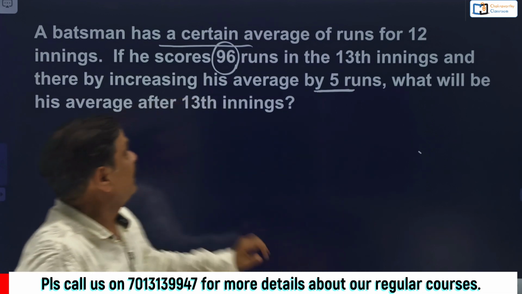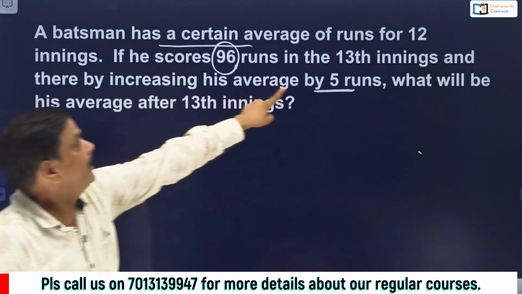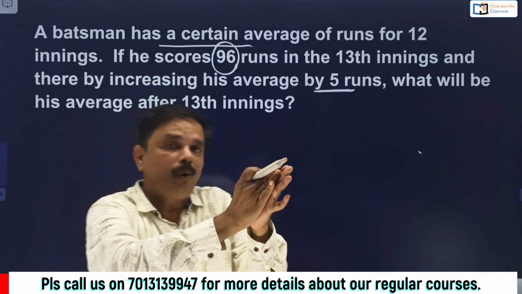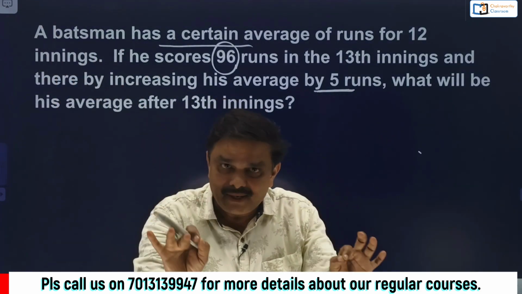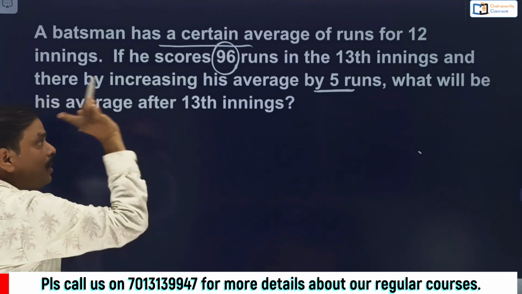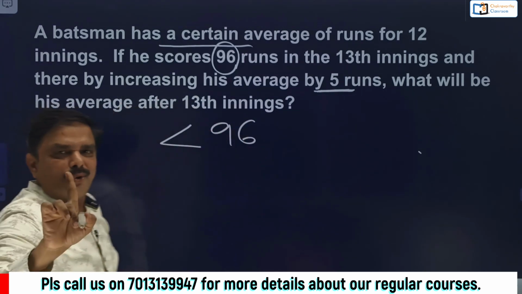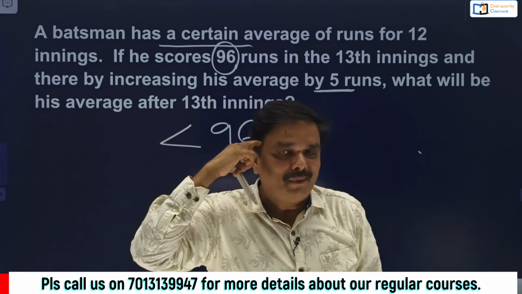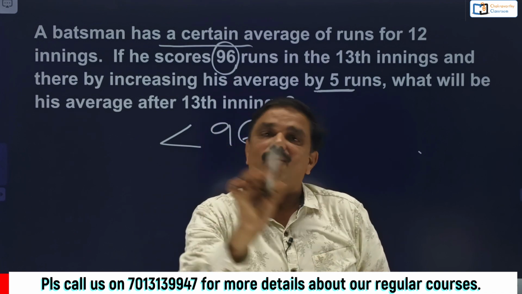Now think logically. In the 12 innings, he got some average. In the 13th inning, he made 96 runs. Because of that, the average of all 13 innings has been increased. That means the initial average must be less than 96 only. Yes or no? Have you agreed? Simple point, you have to do it in the mind. For 12 innings, one average was there.